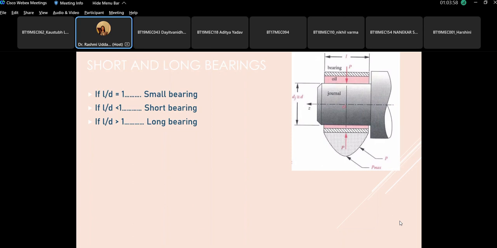Now, you cannot have an infinite length bearing, but you get graphs for L by D 1, L by D 2 and L by D infinity. So normally we will be in a range of L by D between 1 and 2, unless it is mentioned in the problem that the value is 2.2 or 2.5.